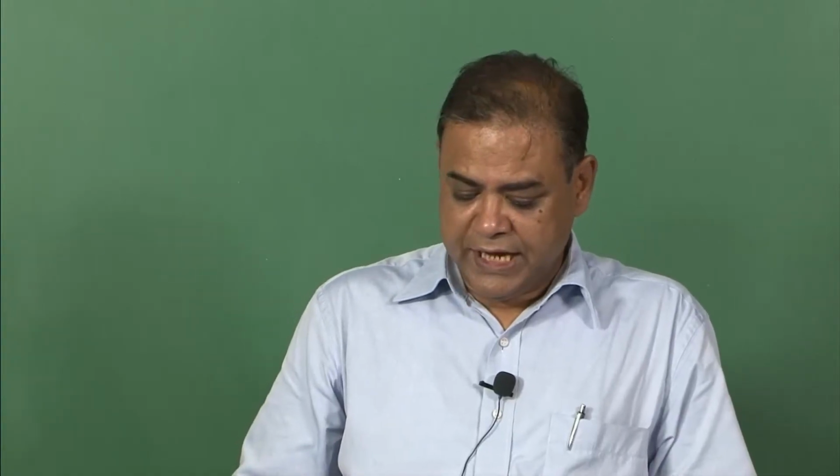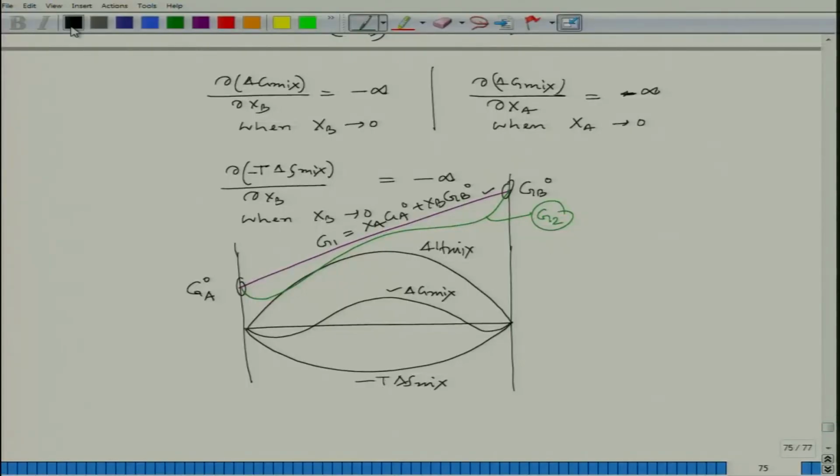So, now let us say this is the effect at any temperature T, but if the temperature goes up, then the change would not be here, rather the change would be here. So, this line would start going down, because as the temperature goes up, this thing would go like this.